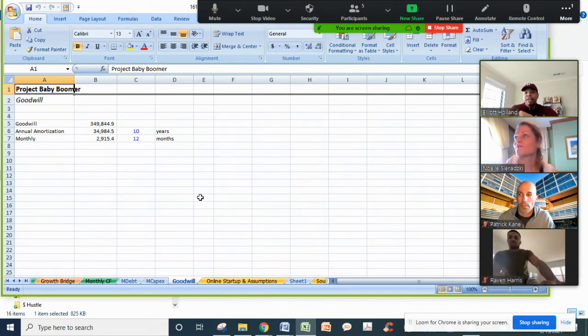Two ways. Okay. Say you have a $1 million building on your balance sheet and you start amortizing it. Let's say you amortize it $100,000 a year, so you're saying it's a 10-year building.